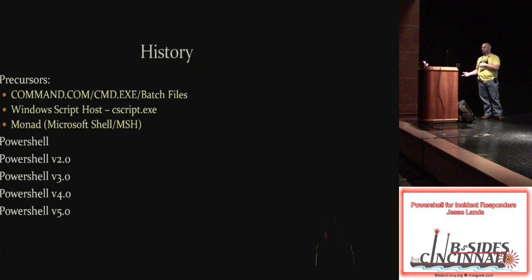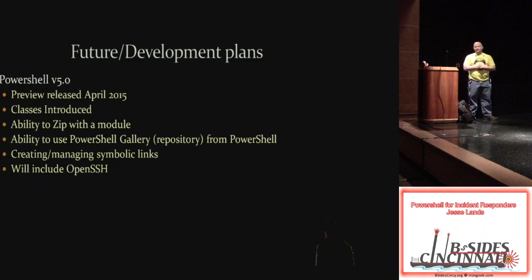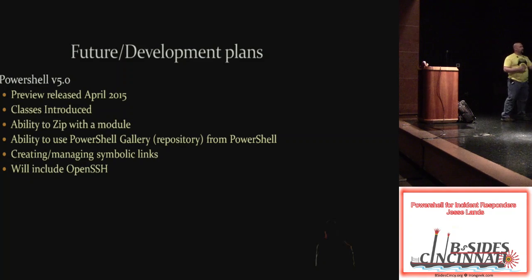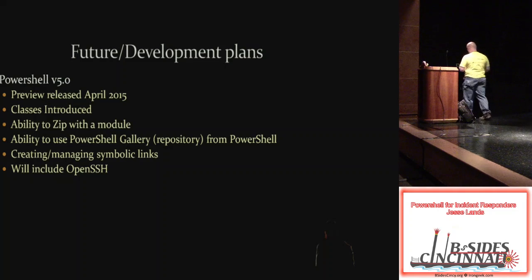Older system support was added in 2009 for Windows XP, 2003, Vista, and standard 2008. PowerShell 3 came in September 2012, and PowerShell 4 in October 2014. Currently, PowerShell 5 is in development. It got a pre-release in April 2015. Classes were introduced.